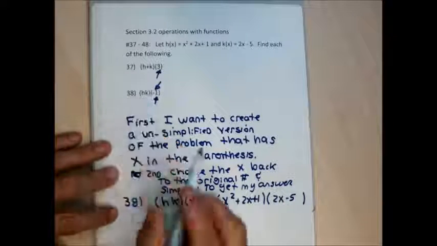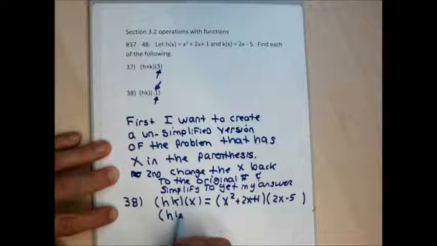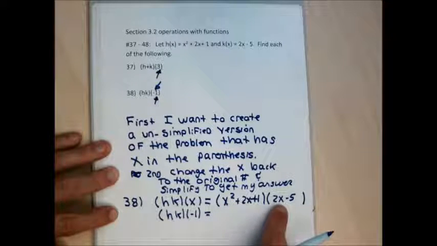So the initial problem 38 didn't have an x in the parentheses. It had a negative 1 in the parentheses. And now I know where I need to place that negative 1. I need to place the negative 1 into all these x's.